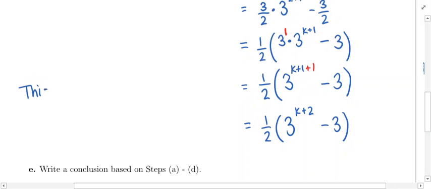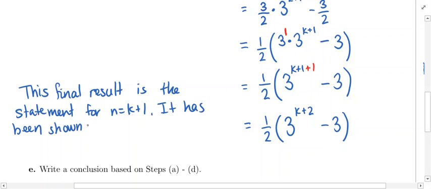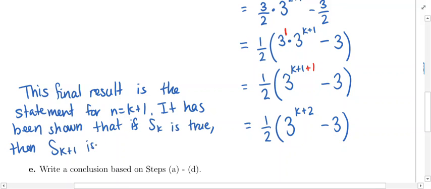This final result is the statement for n equals k plus 1. It has been shown that if S_k is true, then the statement for k plus 1 is also true.